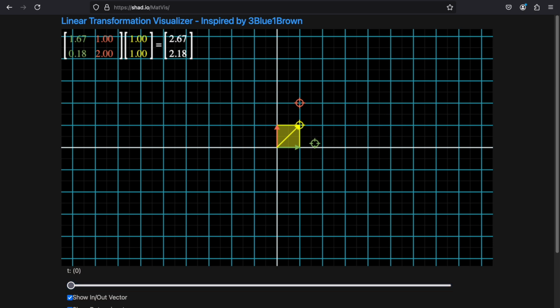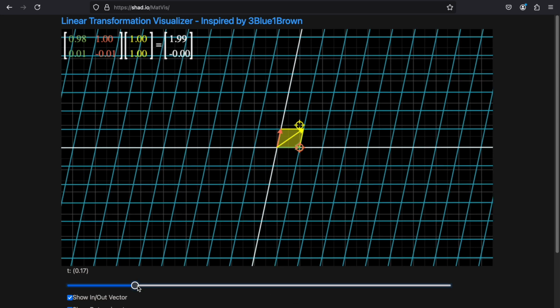If I simply move this to (1, 0), this is not exactly (1, 0), but almost nearly [1 1; 0 0]. So if I say this, then let's see its transformation.